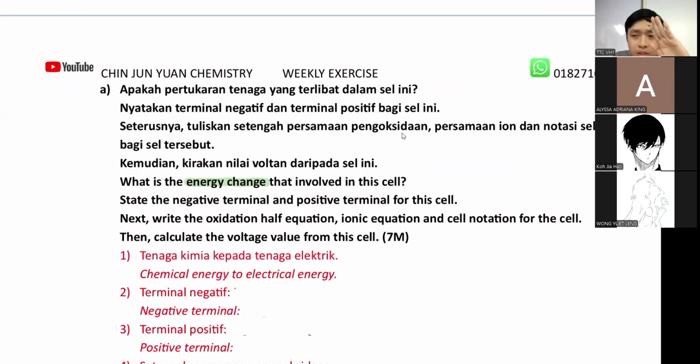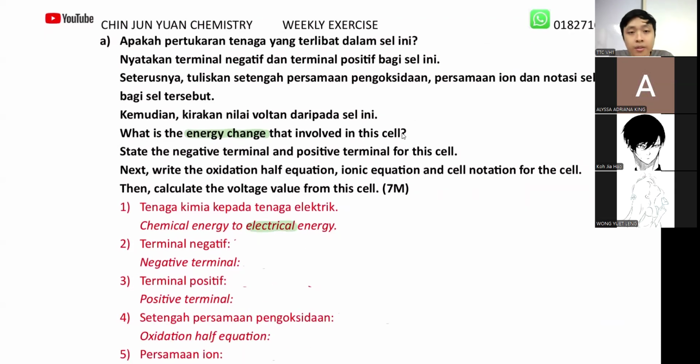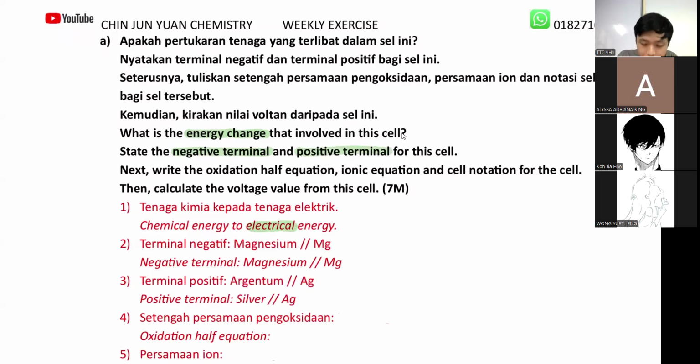If it's an electrolytic cell, it's the reverse. Which one is the negative and positive terminal? The negative one is the anode, which is the magnesium. The positive one is the copper, I mean silver, sorry.